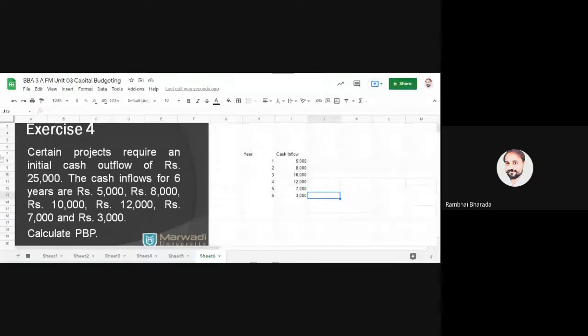Now, what is the cash outflow here, or the project cost? How many rupees of initial investment is required for the project? How many? 25,000. Very good. Now look here. Let's do some formatting, it will be better.